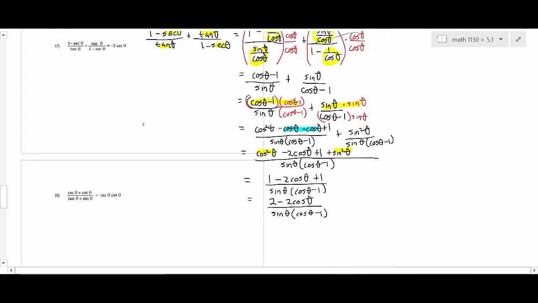Now, any thoughts about the numerator? Ultimately, we're trying to turn this into just negative 2 cosecant theta. So I have a sneaking suspicion something needs to cancel out. What do you think? I'll tell you what I see right now. I see a negative 2, and I see a sine theta in the bottom. 1 over sine theta is cosecant theta. So what's something you can do in that numerator?